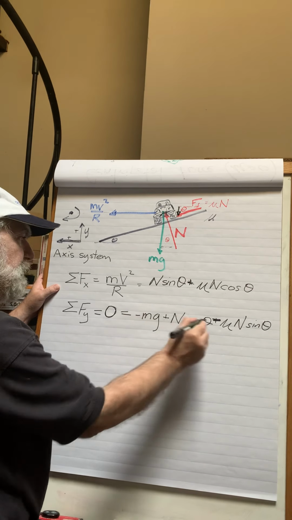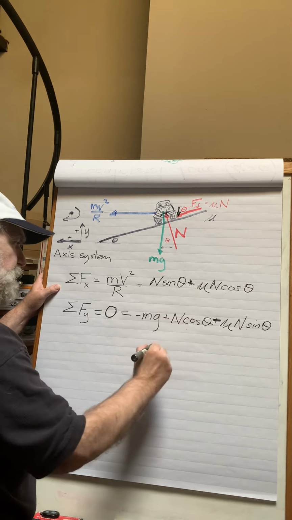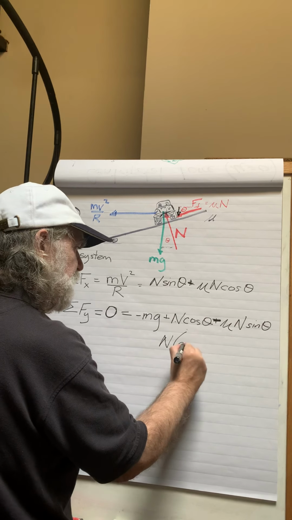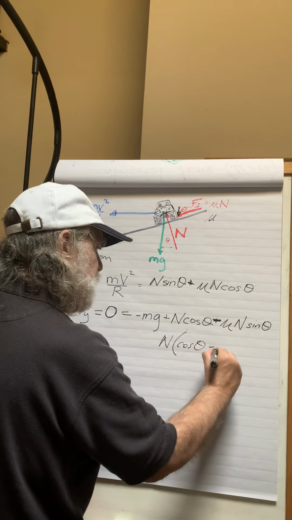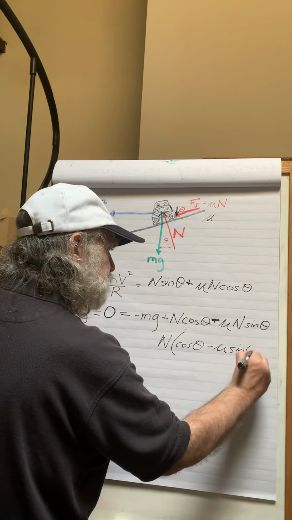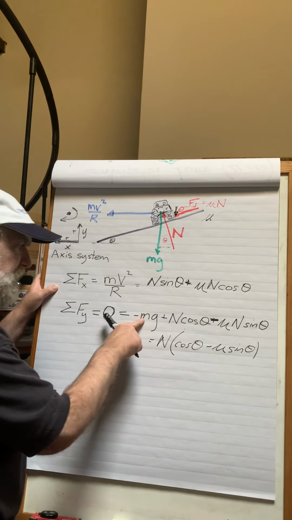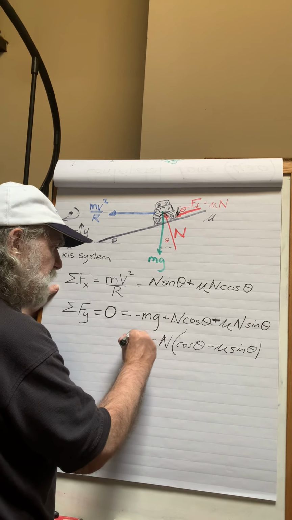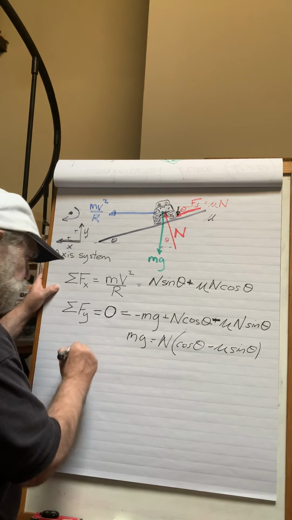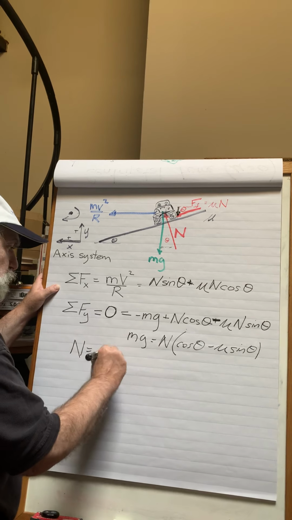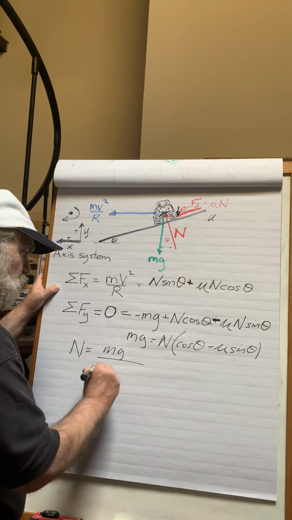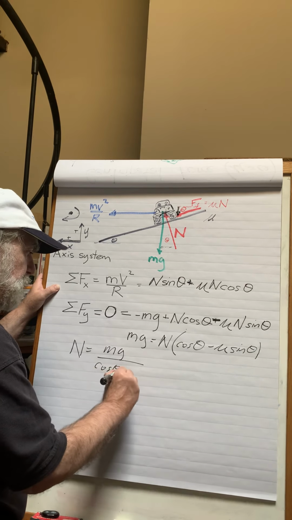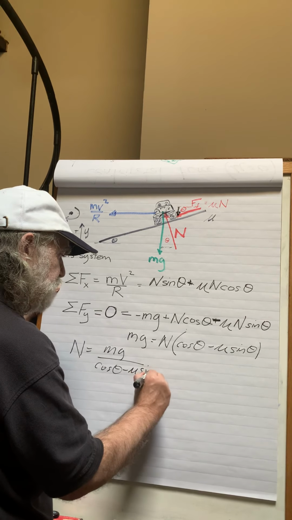I'm going to factor out n and get cosine of theta minus mu sine of theta. And I'm going to carry the mg across the equal sign, changing its sign to positive. And so the normal force is equal to mg over the cosine of theta minus mu sine of theta.